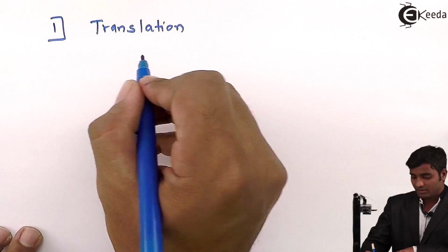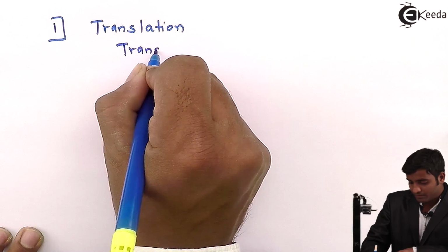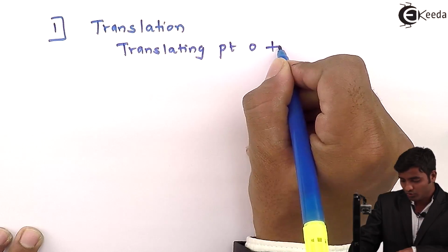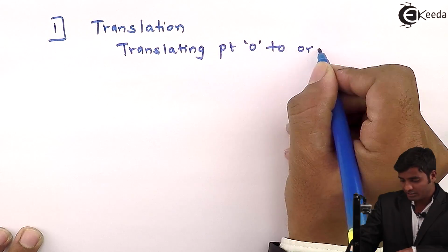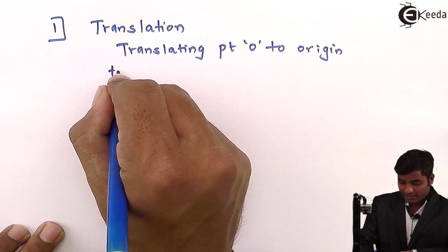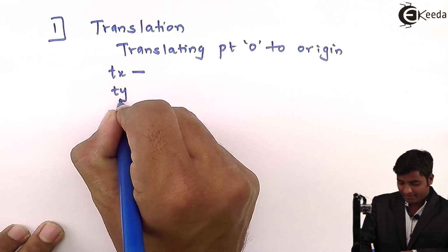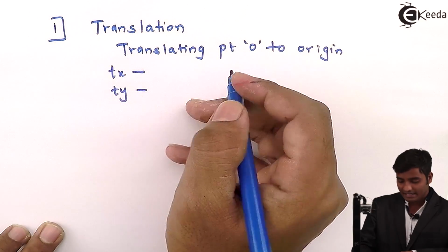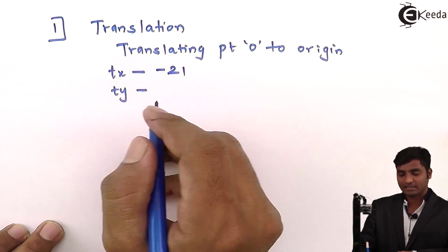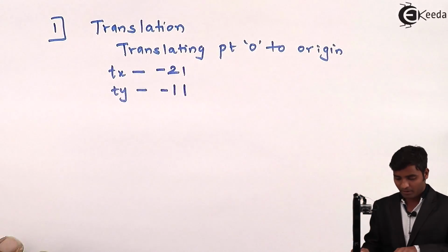So translating point O to the origin, for translation we require two things, that is tx and ty. Translation along the x direction is minus 21, and along the y direction it is minus 11.